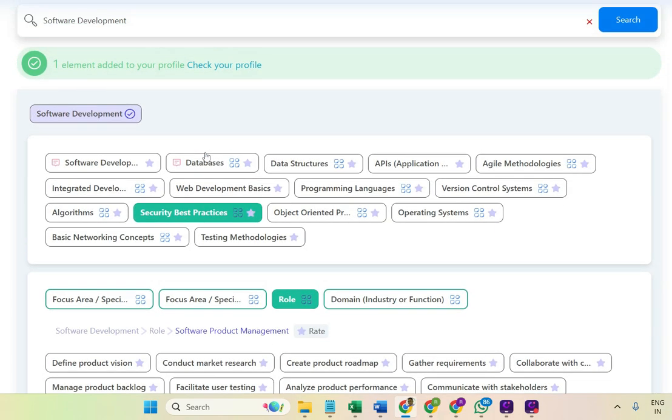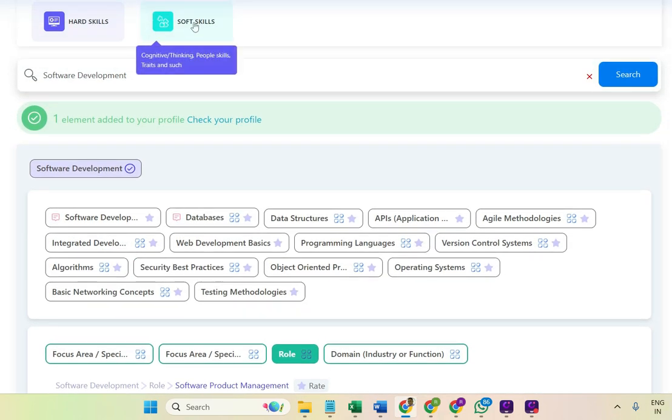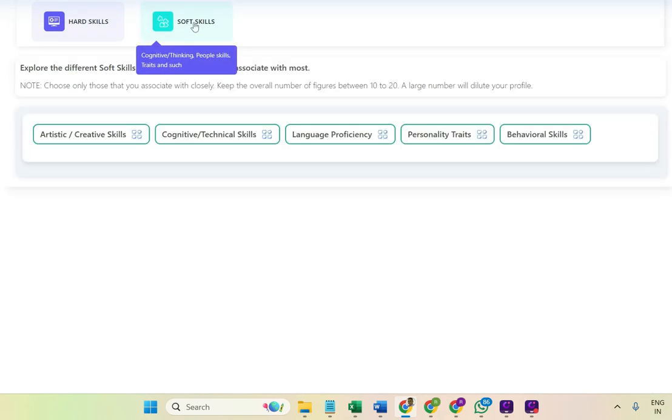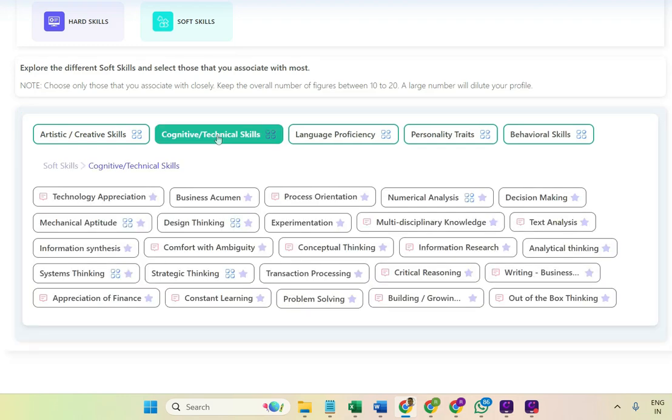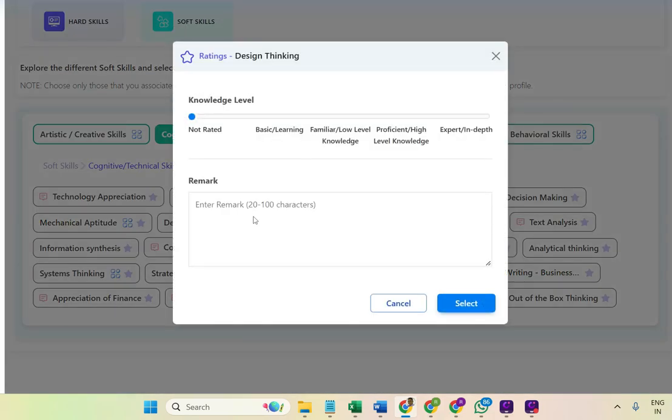Once the hard skills are captured, we have the soft skills, where we're talking about cognitive skills and other areas. For example, if somebody is going to create a skills profile for a particular position, they can also specify what skills they expect for a person. Maybe design thinking, and I want the person to be familiar with it.